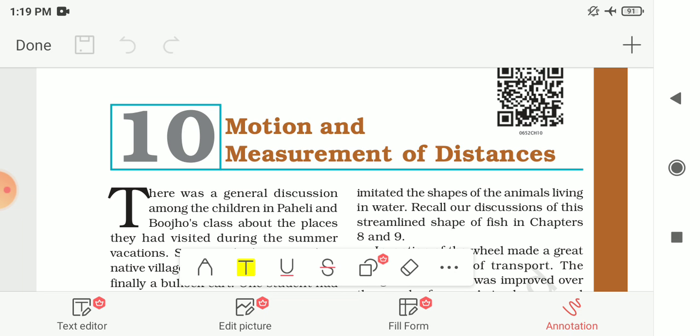Then we had seen that the invention of the wheel made a great change in the mode of transport, and the invention of the steam engine introduced a new source of energy. Then railroads were made for steam engine driven carriages and wagons. Later the automobiles came, and motorized boats and ships were used as the means of transport on the water routes.